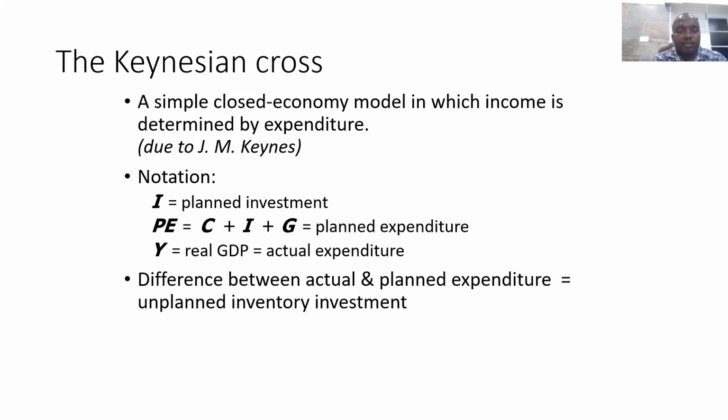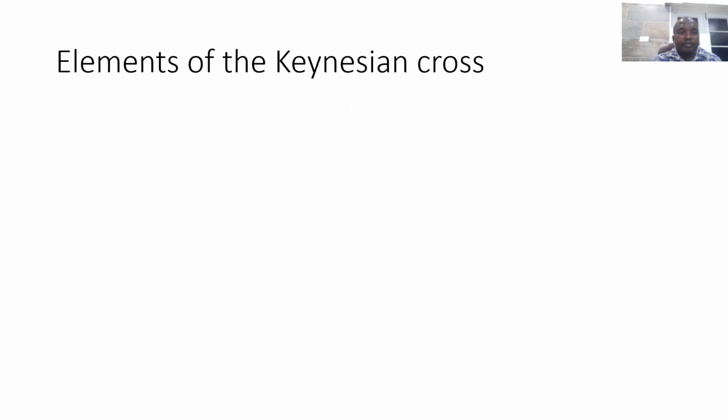Any discrepancy between actual and planned expenditure leads to an unplanned inventory change, that is, inventory investment changes. If actual expenditure is greater than planned expenditure, there are implications for that, and the reverse is true.